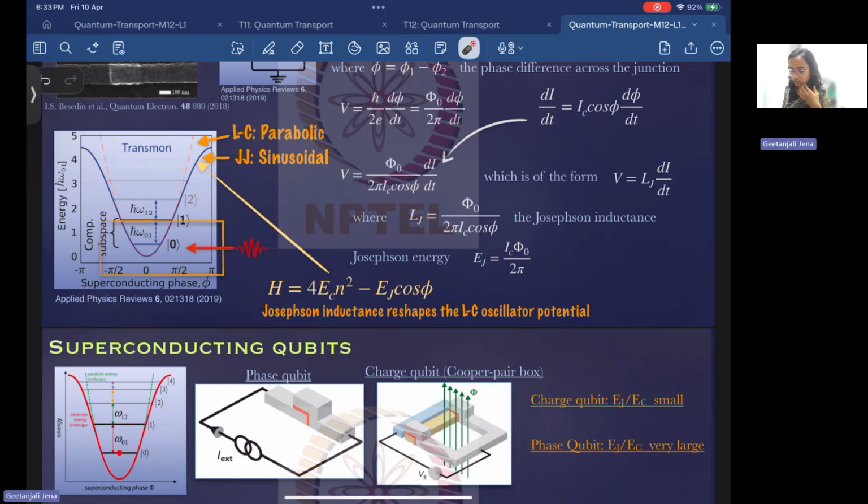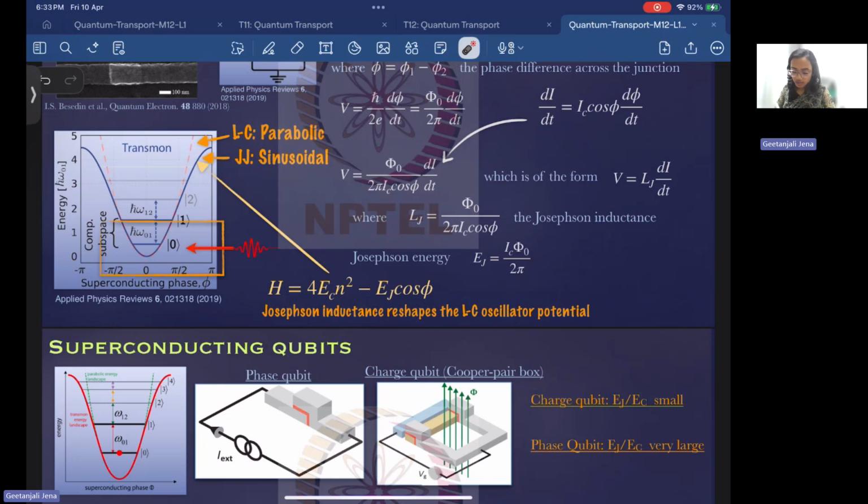When we transition from a simple LC oscillator to an LC oscillator with a superconductor in it, initially we have a parabolic confinement. Now we see a sinusoidal variation of energy as a function of phase phi.